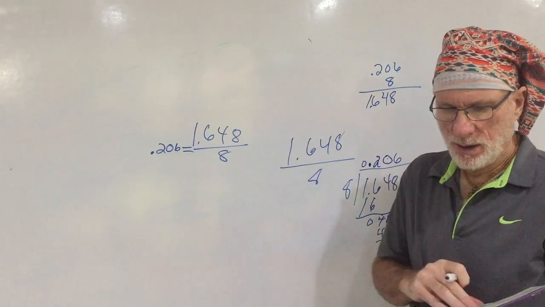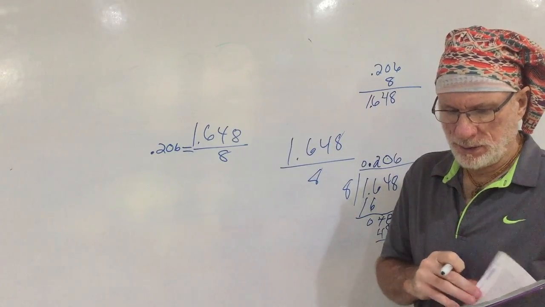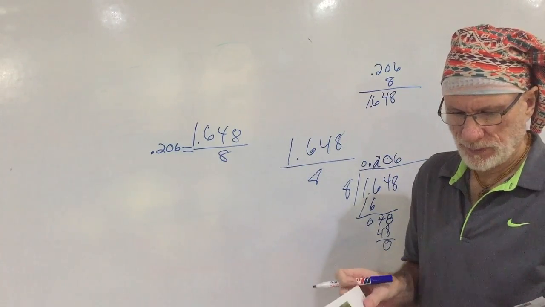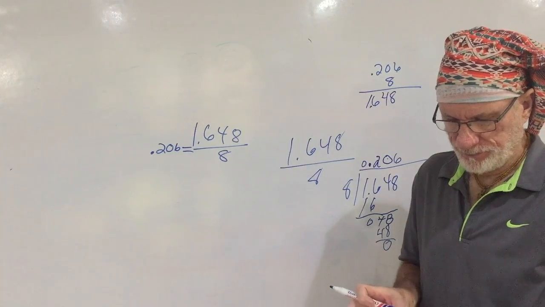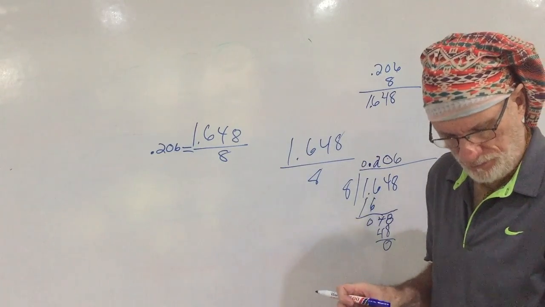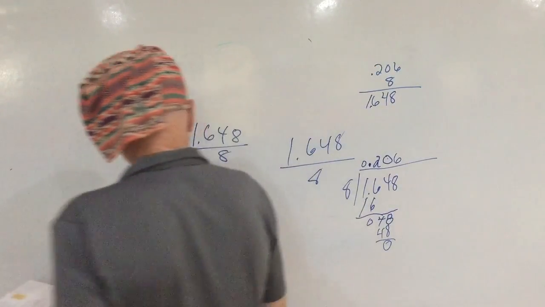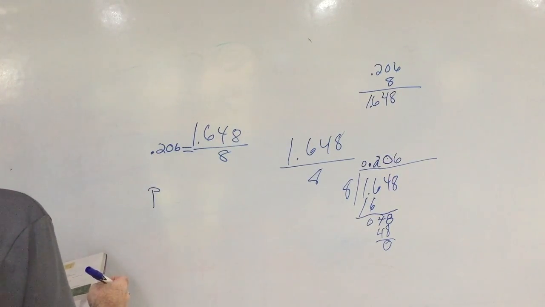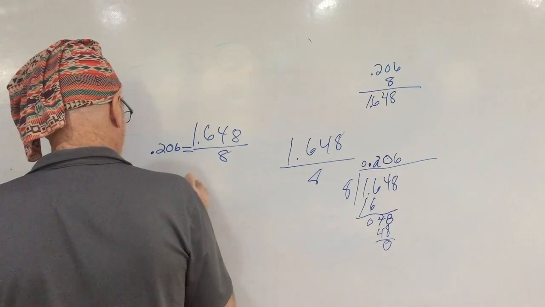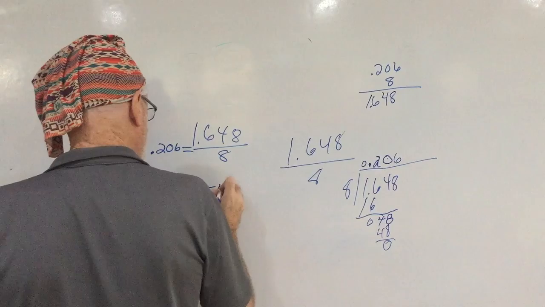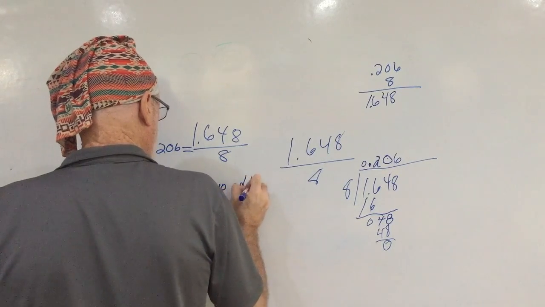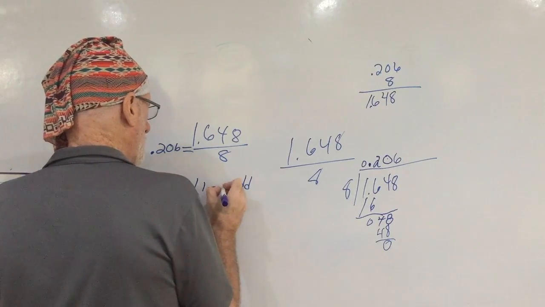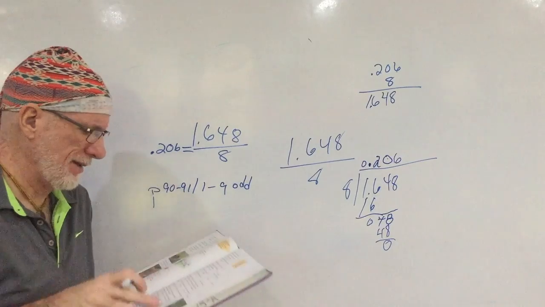Let's say page 90, 91, 1 to 10, odd. Obviously it's 1 to 9, right? So we'll say 1 to 9.